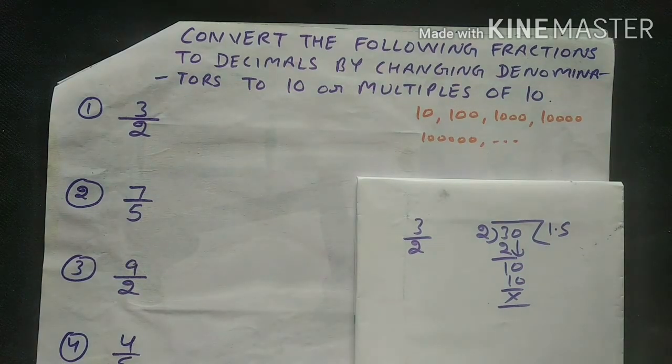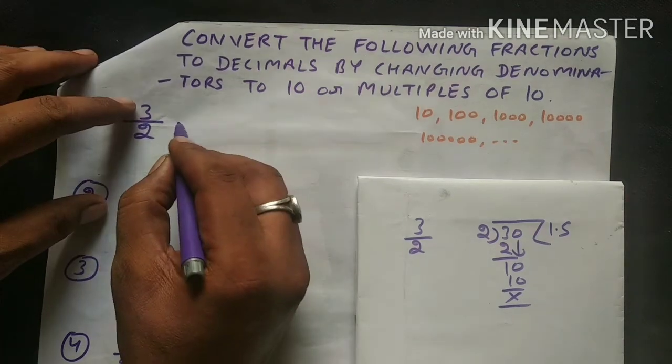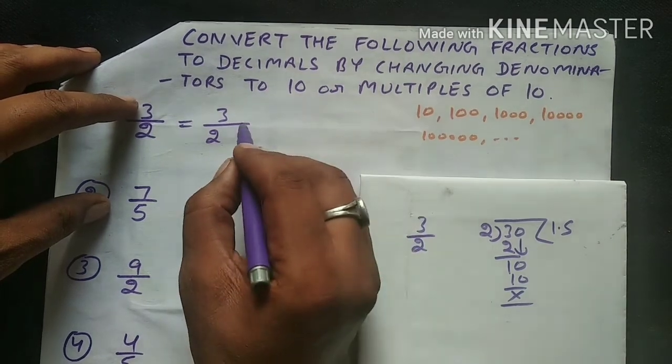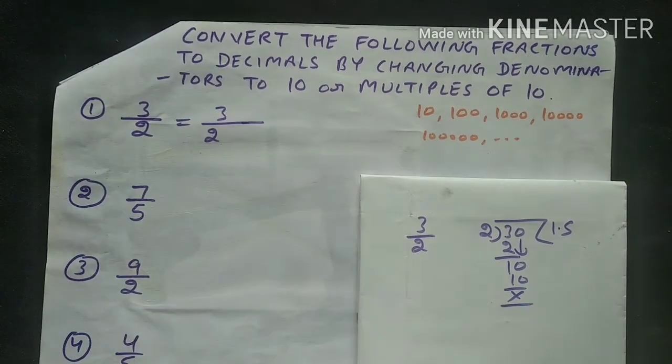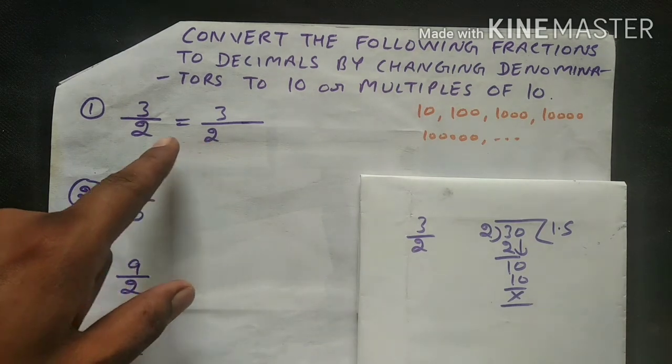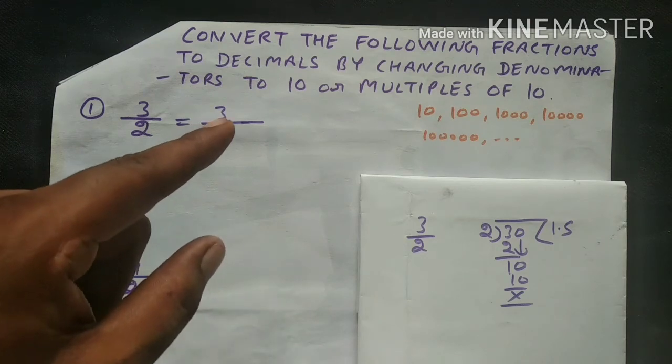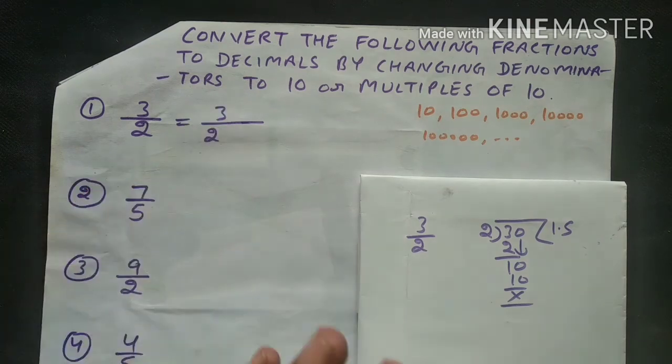Here we are going to make the denominator a multiple of 10, just like 10, 100, 1000, etc. So firstly I will write 3 by 2 with a division bar of some more length. Here we have to make the denominator 10, 100 or 1000 type of number.